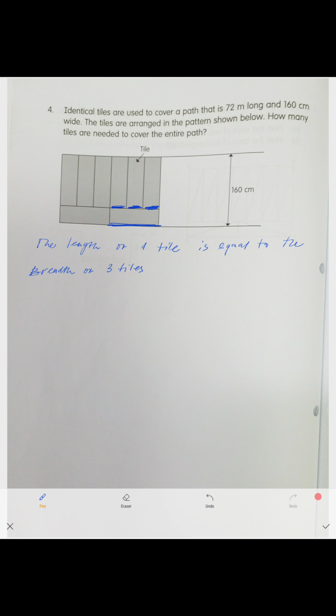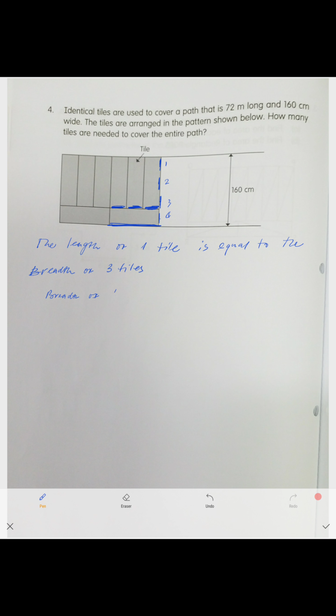So it is 1, 2, 3 here, that's going to be this breadth, and then one more. So 1, 2, 3, 4: the breadth of 4 tiles.